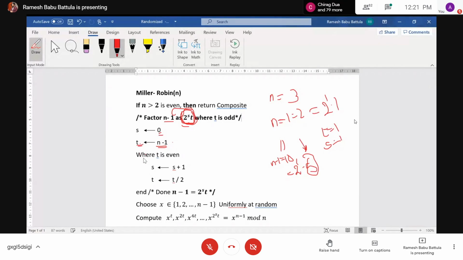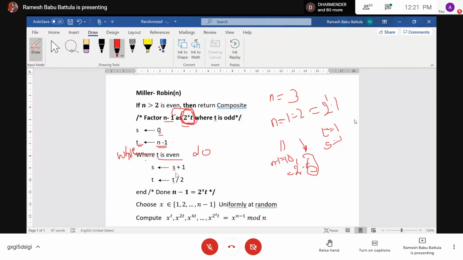While t is even, that means your t value is even, you do this: s is going to be s plus 1, t is going to be t by 2, and so on.